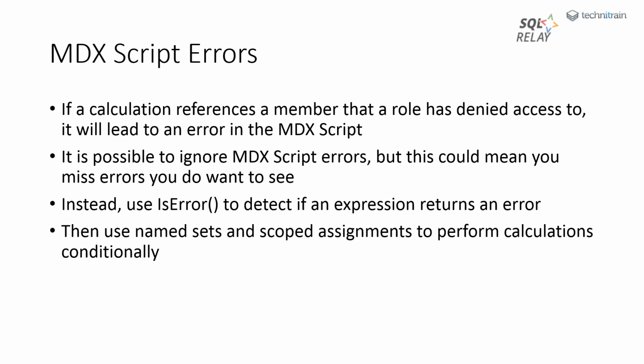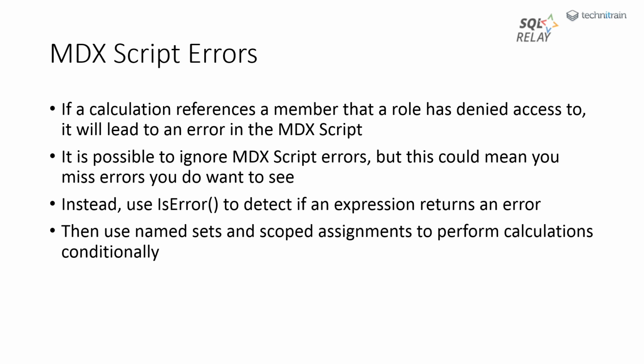Now, let's get on to slightly more complicated topics. Another related problem to security is that if you're applying dimension security to any dimension, if you then have an MDX calculation which refers to a member that is no longer available through a role, then you're going to get errors when the end user connects.